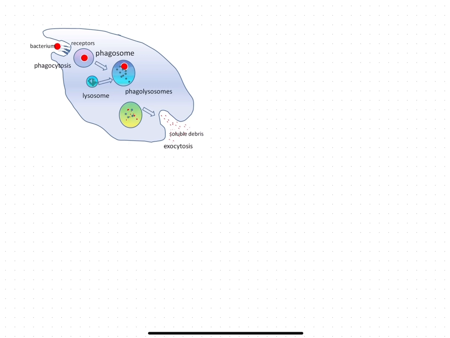You have to kill it, and the way that you do that is through a phagolysosome. It's where the vesicle where you phagocytized the bacteria merges with a lysosome, and then you have this respiratory reaction where you use up the oxygen in that area and use it to make very harmful gases for the bacteria. Then you kill the bacteria and lyse it, and then you throw it out like it's poop.